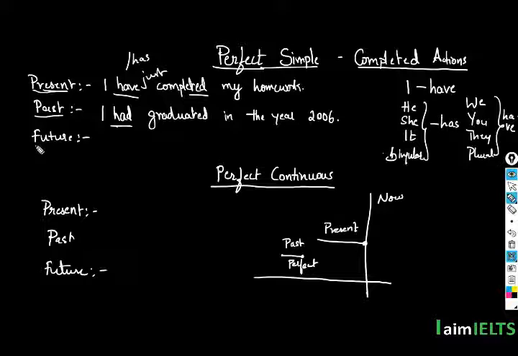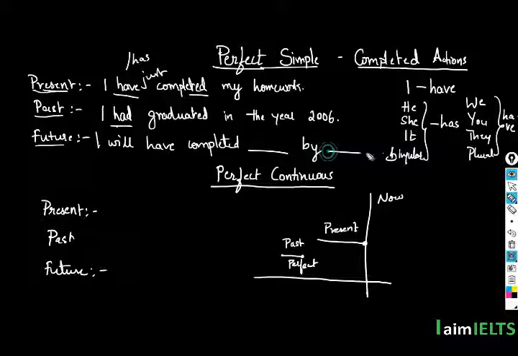Next comes future. I will have completed whatever you want to say that you will complete by so and so year, and this will be future. So here we are predicting an event that will have already been completed in the future.